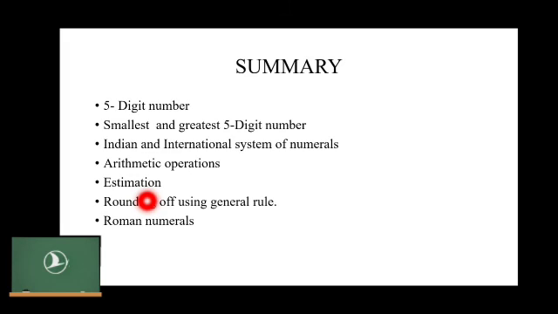Estimation is nothing but the rough calculation of a number. Then we solved some problems based on estimation and rounding off using the general rule. And we got to know about the Roman numerals.